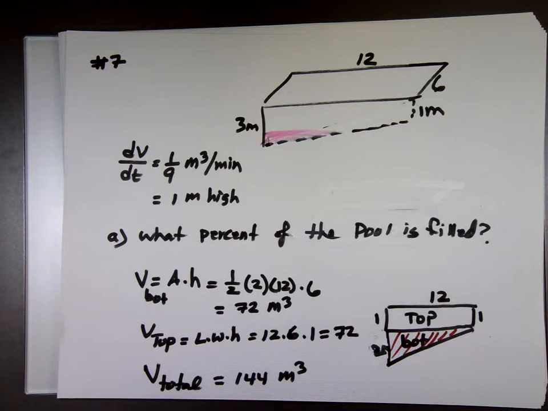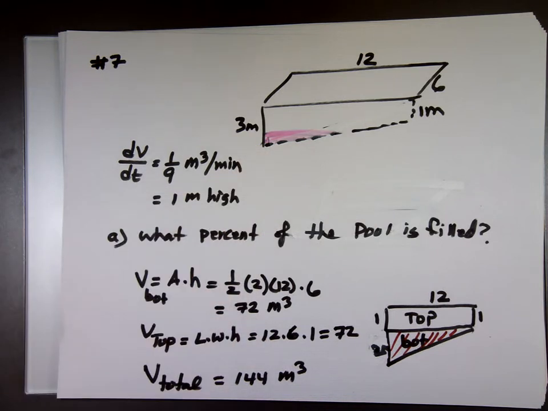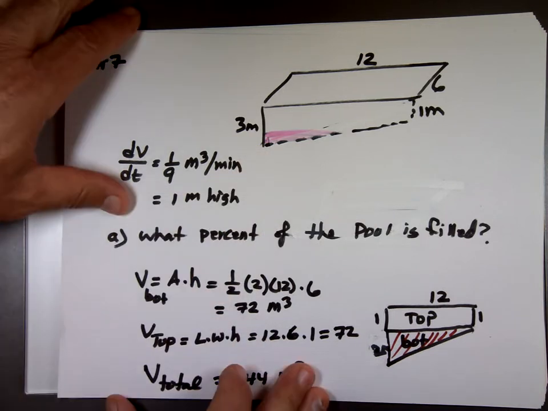Let's find out how much water is actually in it. If we look at the water in it, the water shape looks like a triangle. Let's look at that picture. Bottom half. Let me enlarge that picture.